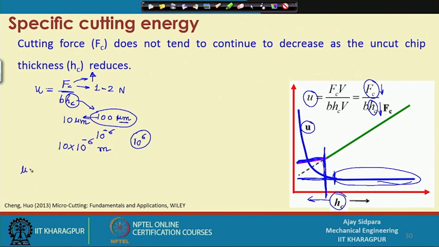So, now U will be FC into 10 raised to 6 divided by B into 10, correct.